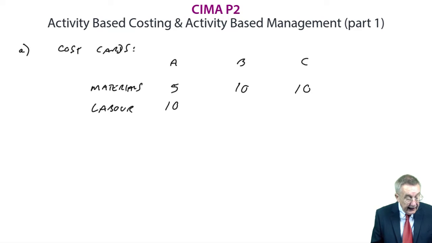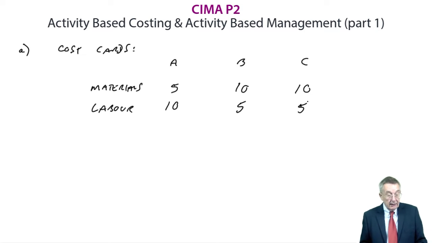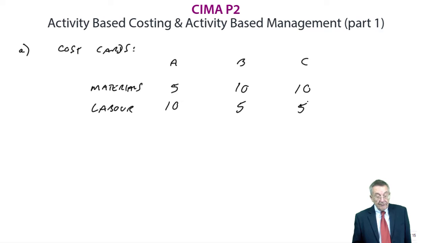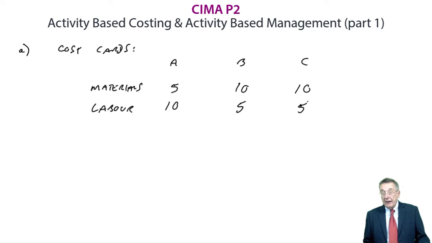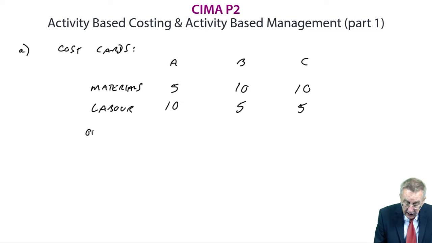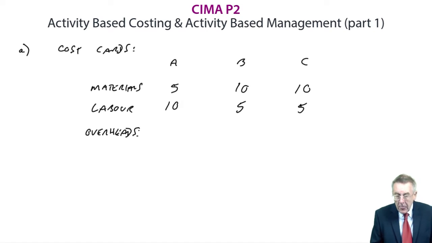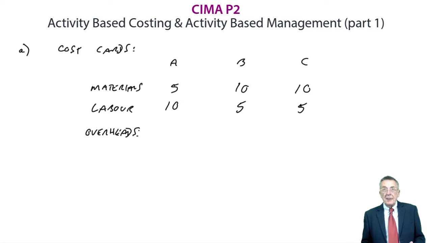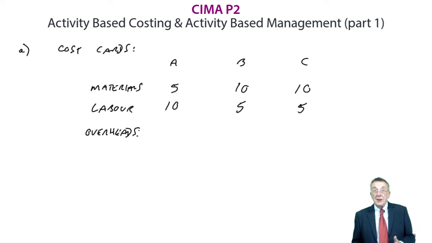So $10 for A, and 1 hour each, so $5 for B and C. So far we've got the variable cost, the marginal cost, but if we want the full absorption cost per unit, we need to bring in the overheads. We need to absorb them to get an overhead cost per unit.